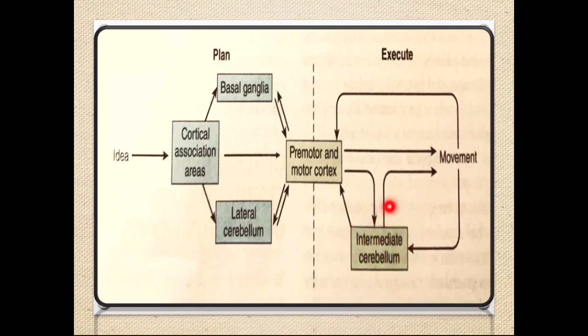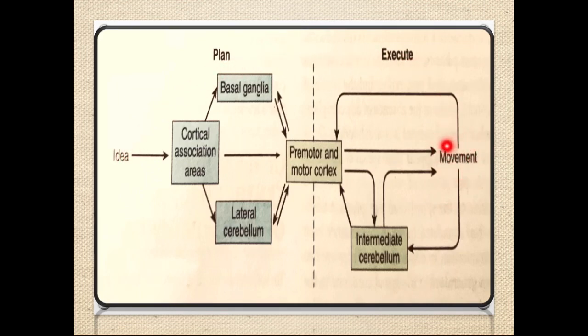It can directly bring changes, any refinement of the movement, or it will send its feedback back to the premotor and motor cortex area. And whatever movement is getting performed, it will also send a copy to the premotor and the motor cortex.